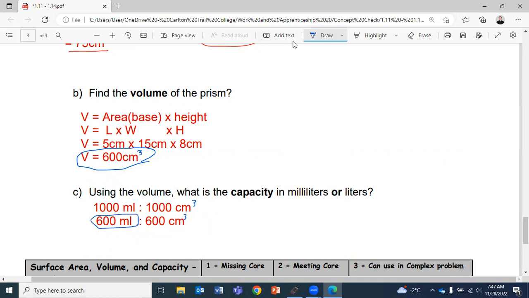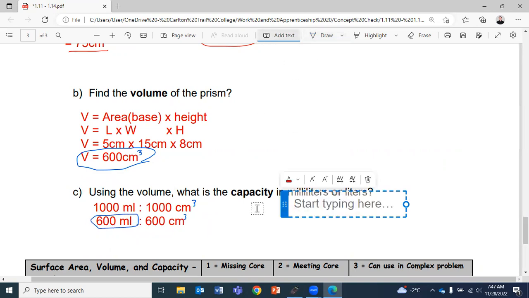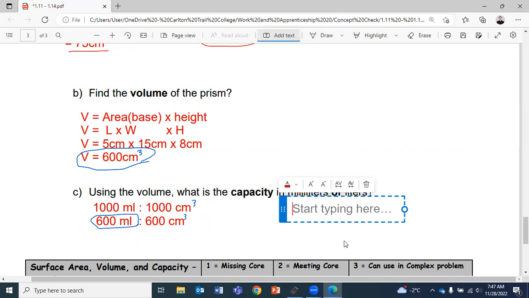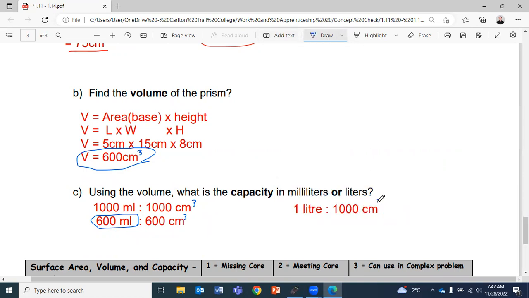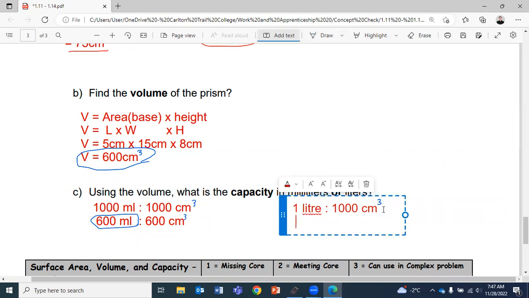Now, if you want to turn it into liters, you'd have to convert. So I know that 1 liter is equal to 1,000 cubic centimeters as well. This is, again, on your formula sheet. And so same thing, just like those questions up above. Well, if I want to figure out how many liters that is, I know I have 600 centimeters.